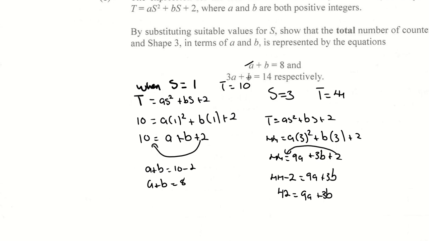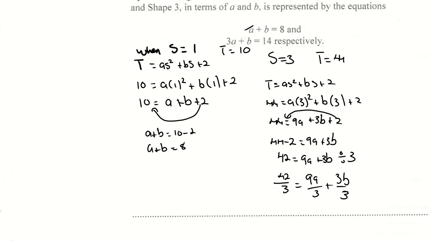However, if you look at this, the coefficient of b is 1. How would you take 3b and turn it into 1b? You divide this entire thing by 3. So 42 divided by 3 is equal to 9a divided by 3 plus 3b divided by 3. 42 divided by 3 is 14. 9a divided by 3, 3 goes into 9 three times, so it's 14 is equal to 3a plus b.